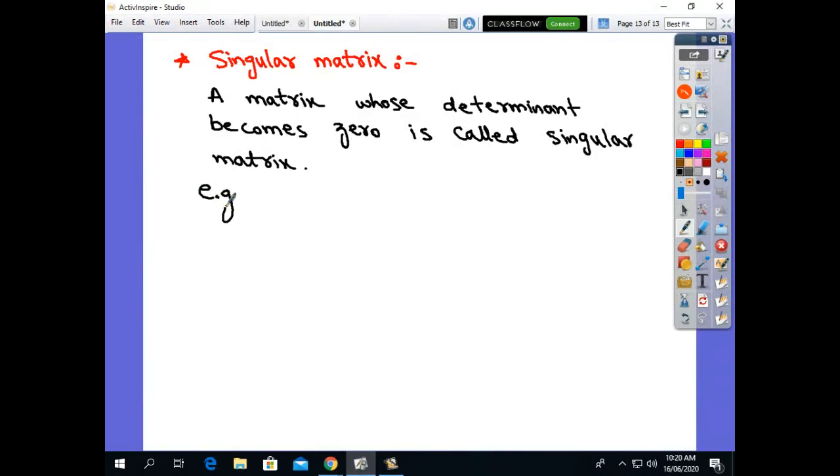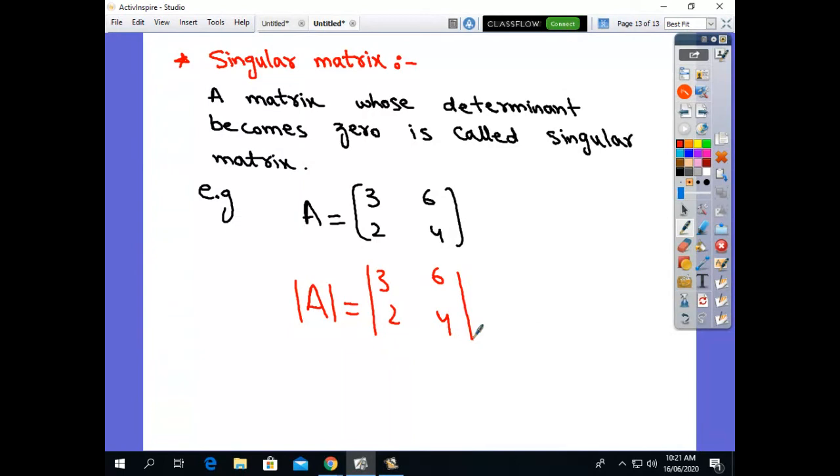For example, here again I take matrix A. Matrix A is [3, 6; 2, 4]. After taking the determinant of matrix A, which is |3 6; 2 4|, we multiply 3 with 4 and, with a negative sign, multiply 6 with 2, and we get 0.